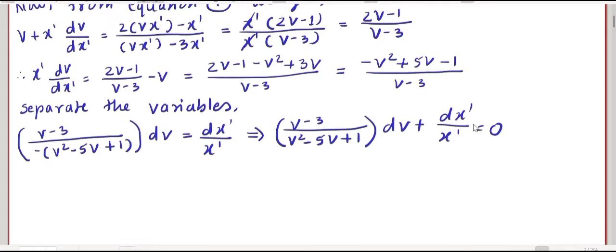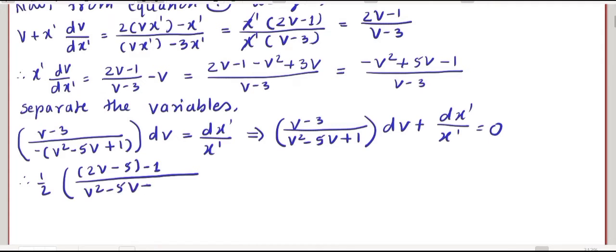Now we have to write this equation as 1 upon 2 into (2v minus 5 minus 1) divided by (v square minus 5v plus 1) dv.